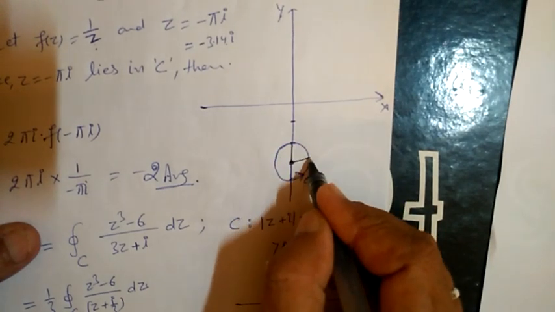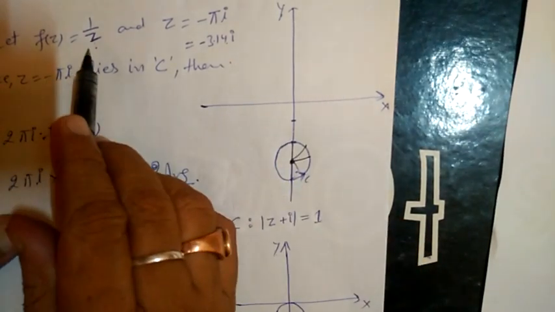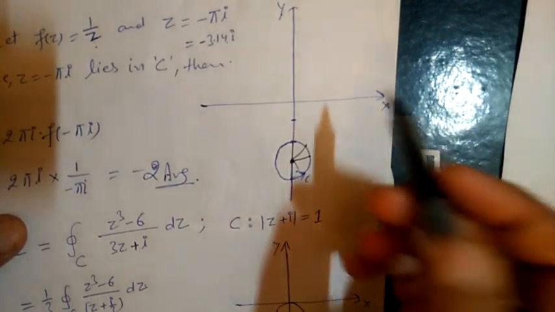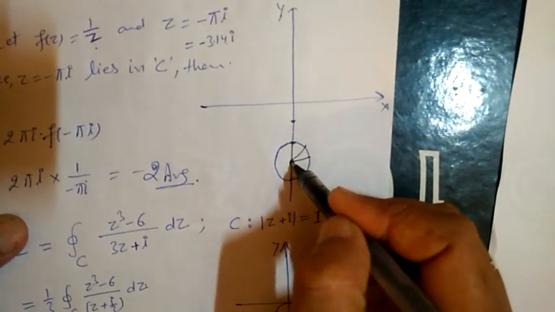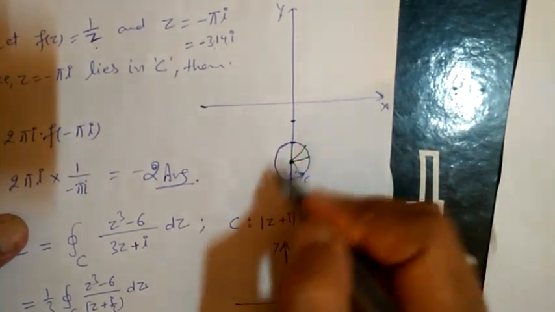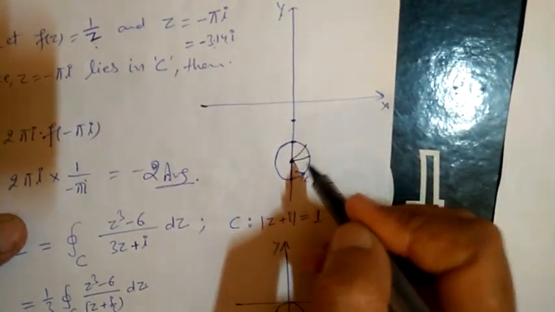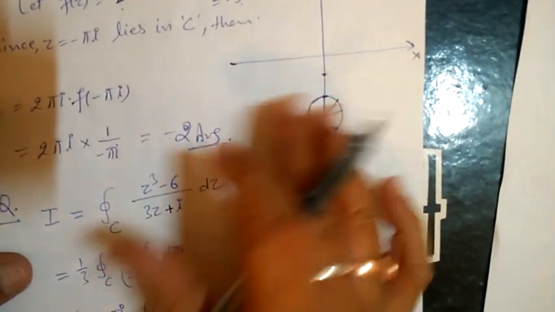So z is equal to minus 3.14 iota; this is 1, this is 2, this is 3, this is 4. So this point lies inside this circle C.